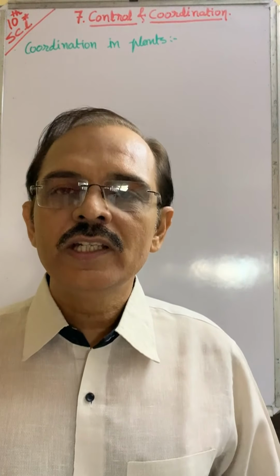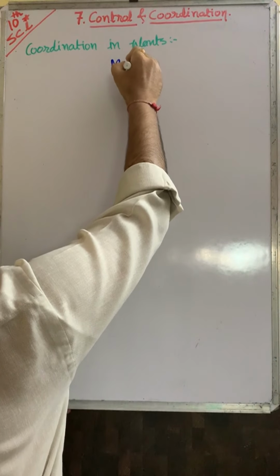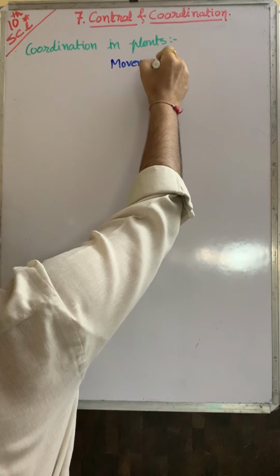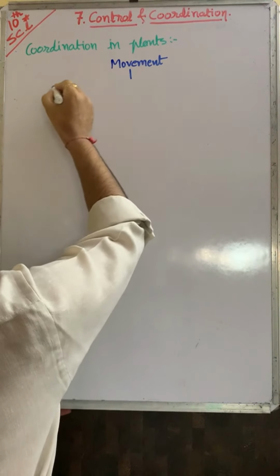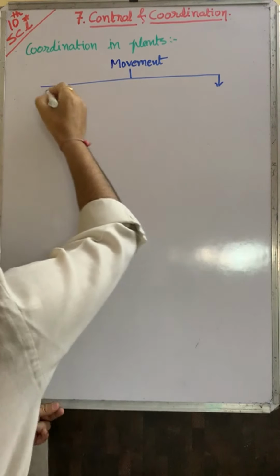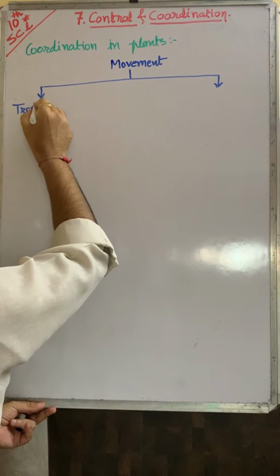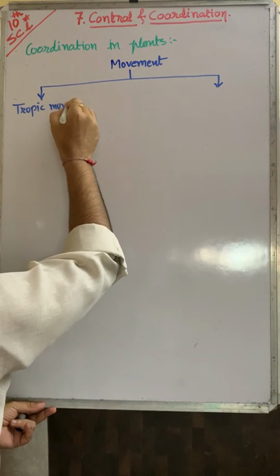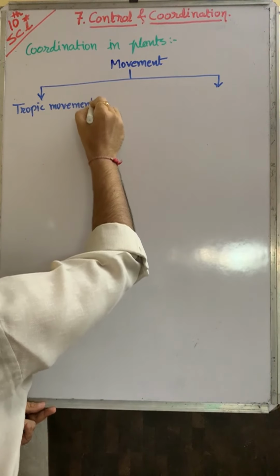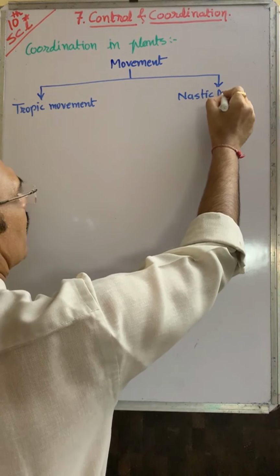Let us start a new topic of coordination in plants, that is movement. Movement again we divide into two parts: tropic movement and nastic movement.